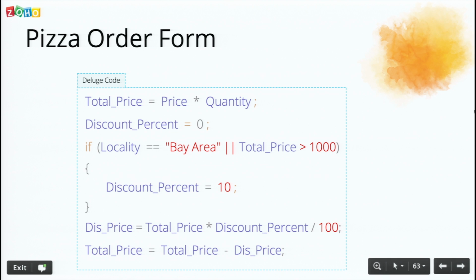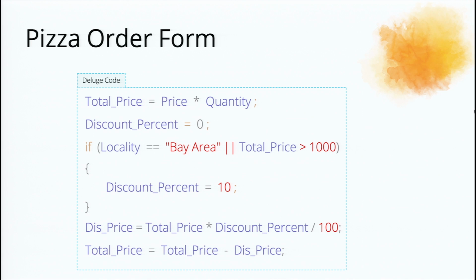The combination of all three things together. The first line states total price equal to price multiplied with quantity, and then I combine two conditions with an OR, right? Because it could be Bay Area, or if the total price is more than $1,000, I'll set the discount as 10. And then there's a logic there. I myself took some time to crack the percentage logic, but that's how. So you need to know how to calculate the percentage, right? So ignore that.